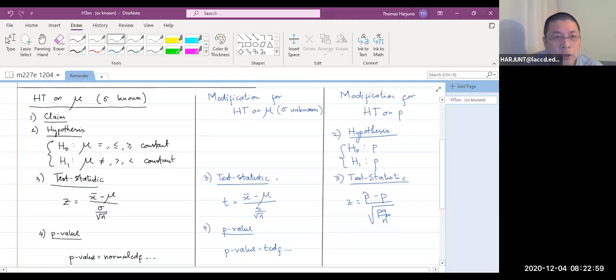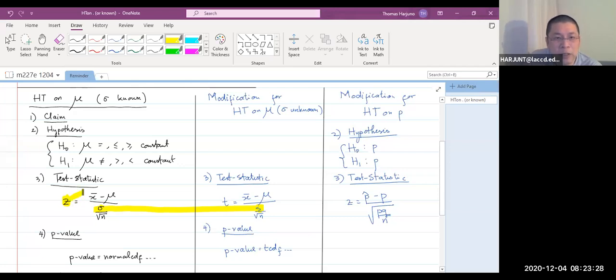If we are testing on mu with sigma known, then the test statistic is Z because we know the sigma. Then 2 weeks ago, when we did hypothesis testing for mu with sigma unknown, because the sigma is unknown, we substitute sigma by S. We substitute the population standard deviation by the sample standard deviation.